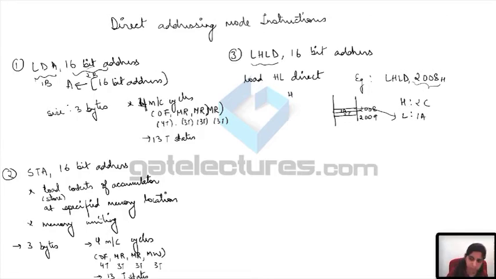Similarly, this is going to be a 3 bytes long instruction: 1 byte for the opcode and 2 bytes for the address. The machine cycles are 1 opcode fetch cycle, 2 memory read cycles for the address, and then 2 memory read cycles for the data.